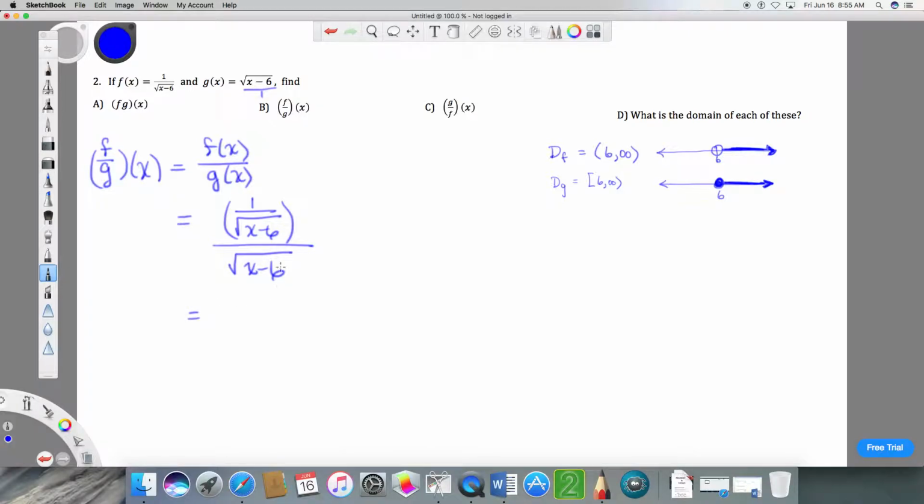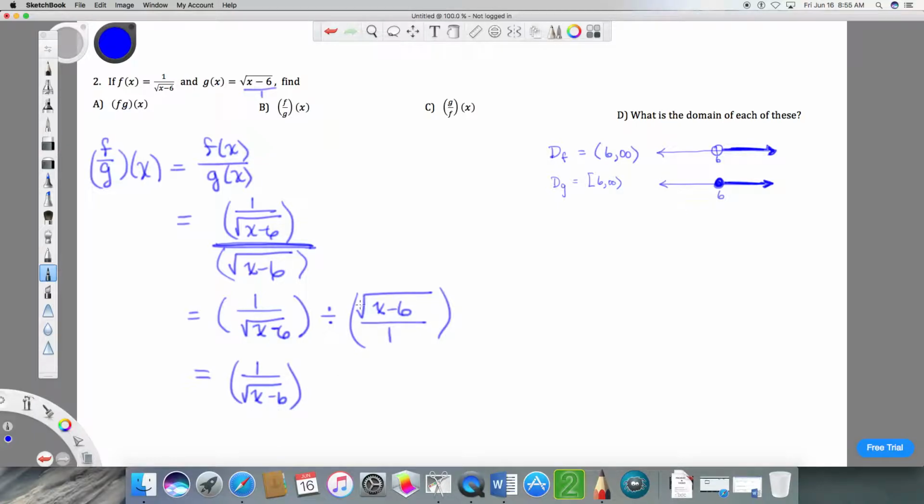Now, students often do better with a complex fraction. Instead of using this fraction bar as division, go old school and write that fraction bar as a division symbol, and then make this denominator a fraction by putting it over 1, because that seems to do a very good job of jogging your memory and recognizing that division is the same thing as multiplying by the reciprocal.